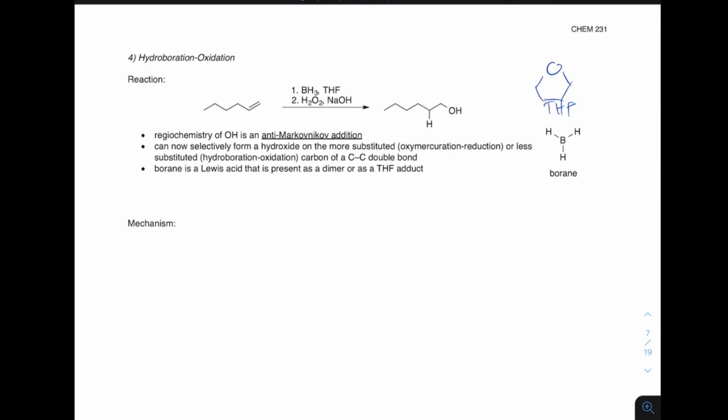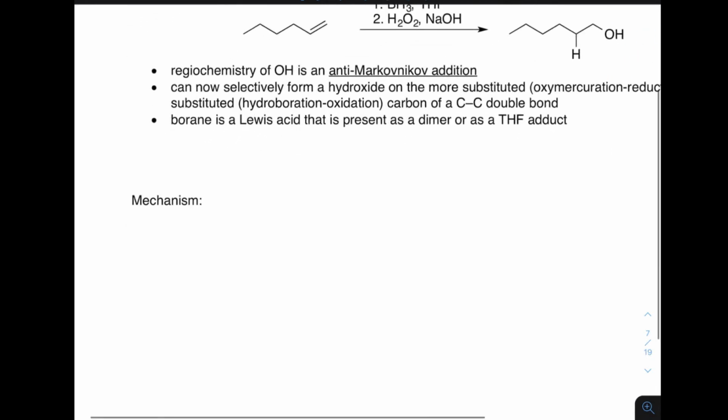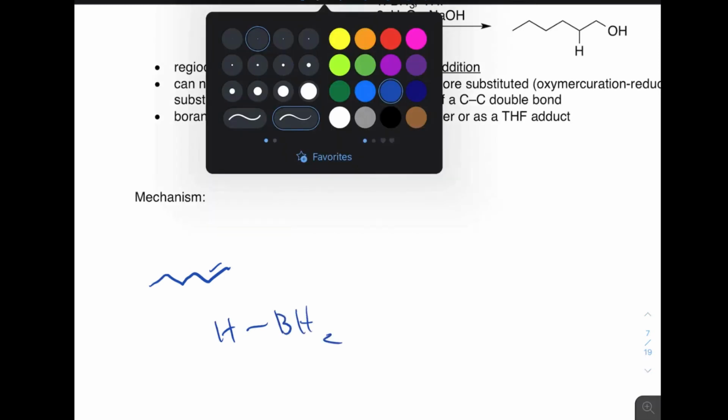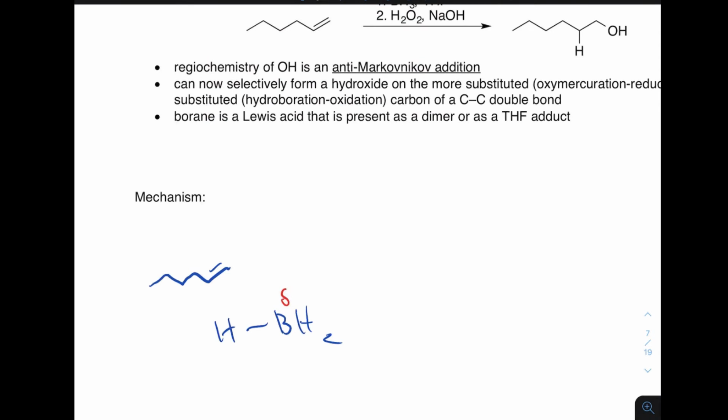But if we're thinking about the mechanism and why this is really happening, it would be because of this, where that borane, BH3, it's actually interesting, the boron group here, because following our electronegativity rules, is actually more partially positive than the hydrogen is.